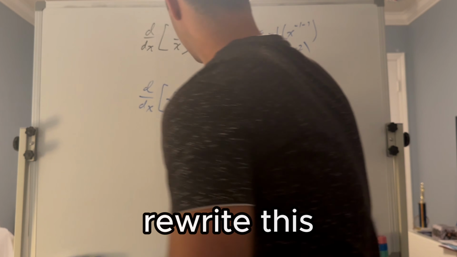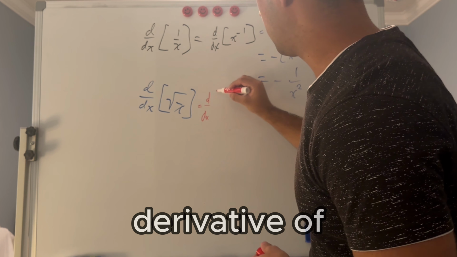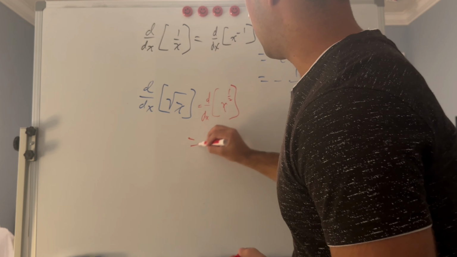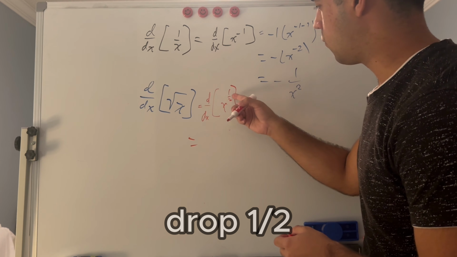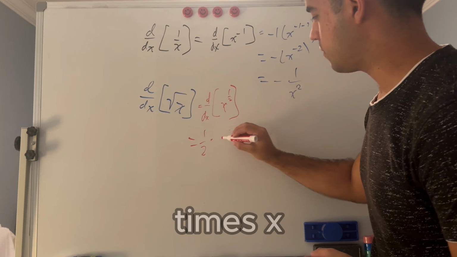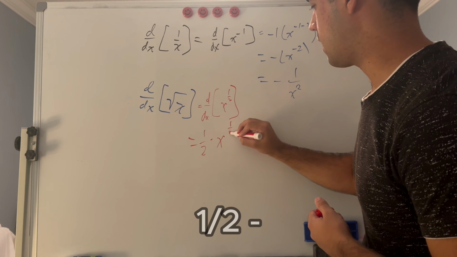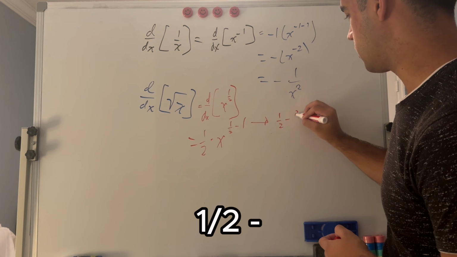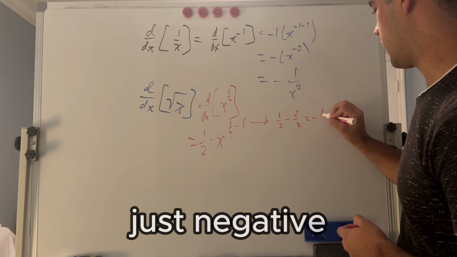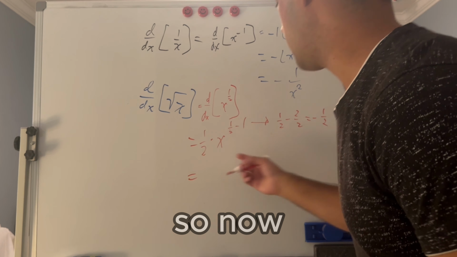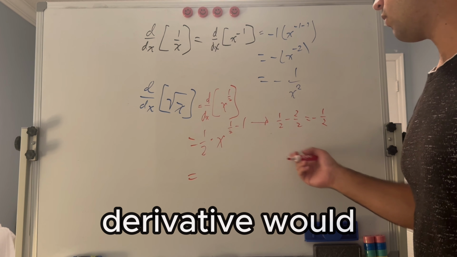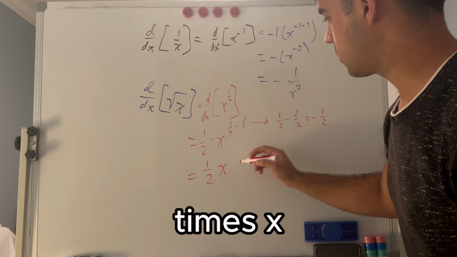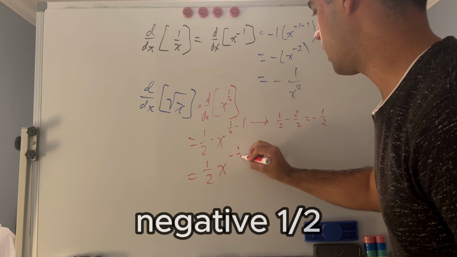We can rewrite this as the derivative of x to the 1/2, which means that we'll drop 1/2 times x to the 1/2 minus 1, which is 1/2 minus 2/2, which is just negative 1/2. So our final answer would be 1/2 times x to the negative 1/2.